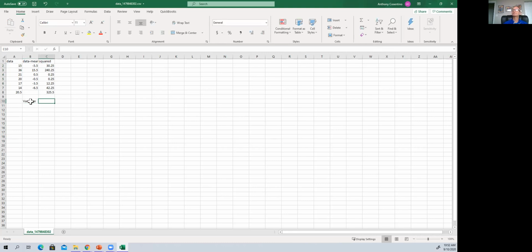In this case, it would be this number, which is the sum of the squares, divided by, how many data points do we have? We have 2, 4, 6. So we want to divide by 5. And so now we have a variance of 65.1.